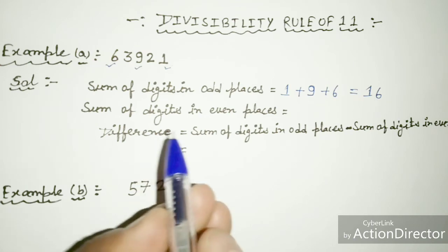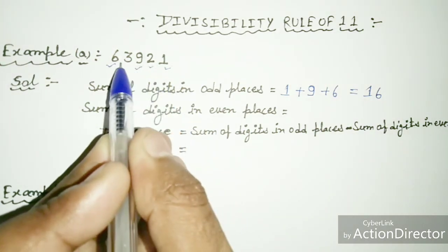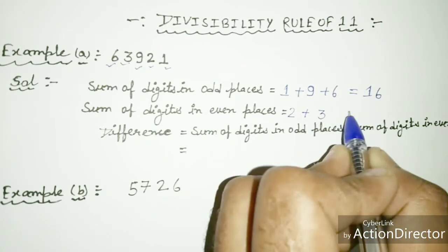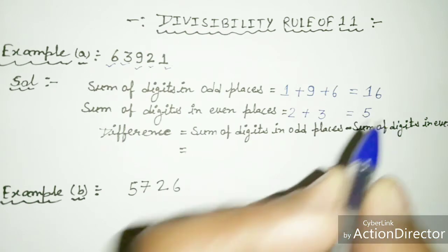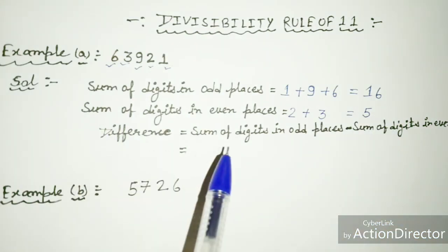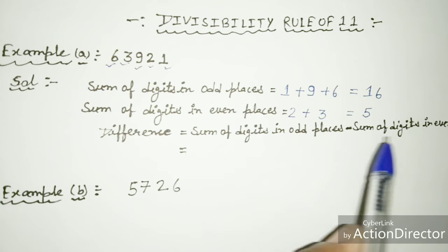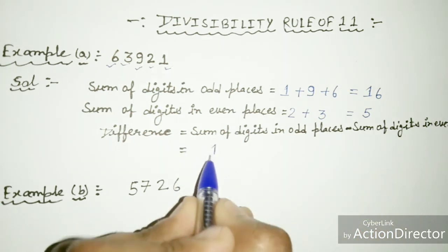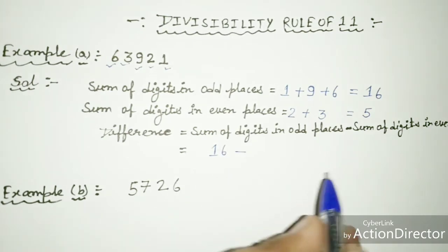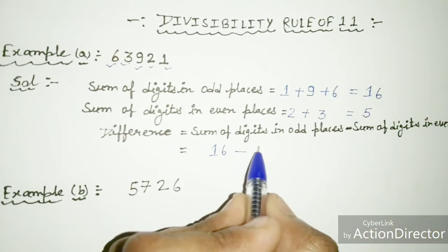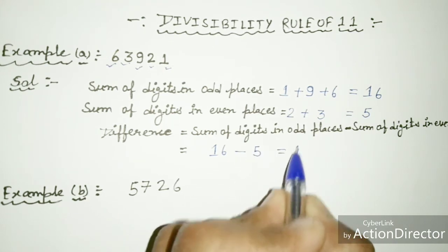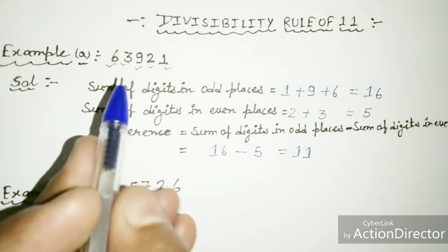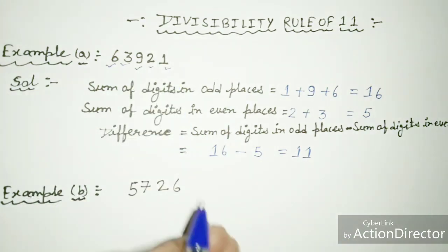The digits in even places are 2 and 3. We add these two digits, and it gives the sum 5. Now we take the difference of the sum of digits in odd places and the sum of digits in even places: 16 minus 5. It gives the difference 11, and 11 is divisible by 11, so the number 63,921 is divisible by 11.